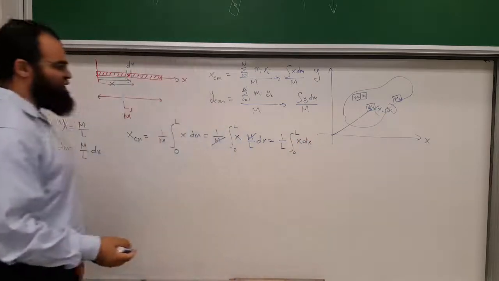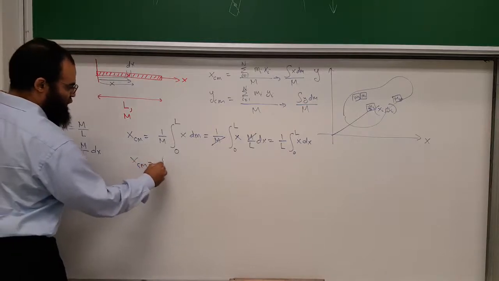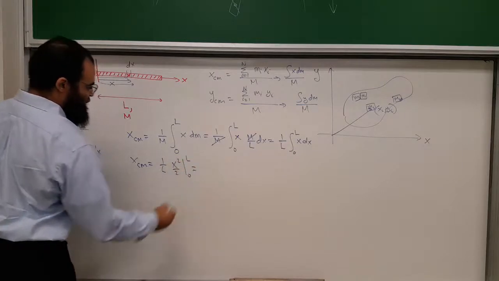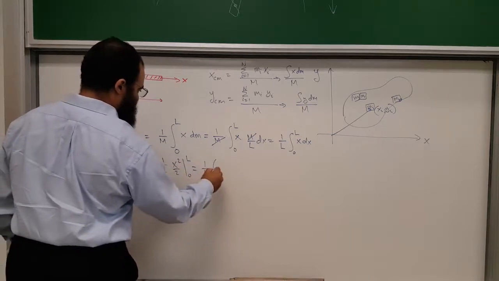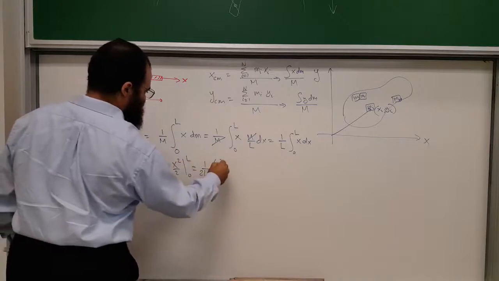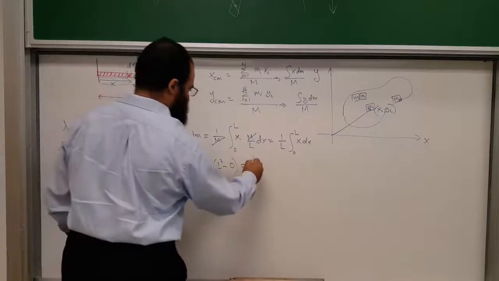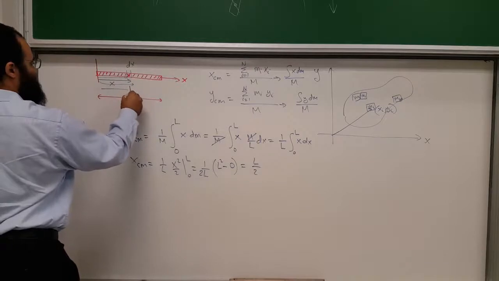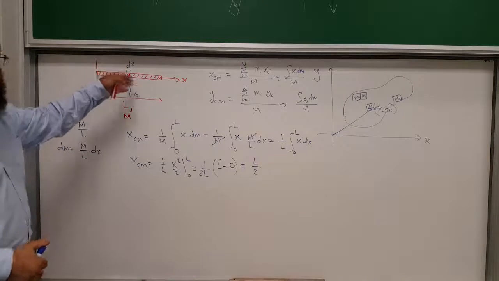And the integral of x is x squared over 2, so x center of mass would be 1 over L times x squared over 2, evaluated between 0 and L. Evaluated at L, I get L squared over 2, minus evaluated at 0, you get 0, and so you have L squared over 2L, which is L over 2. And as you would imagine, the center of mass is halfway at L over 2. By the way, it doesn't matter where you choose your origin, the center of mass will be at that same position.